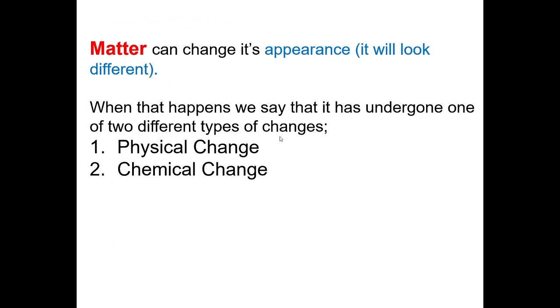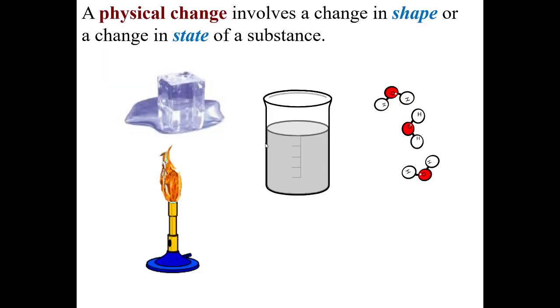All right, matter. Matter can change its appearance and look different, but it could be one of two different types of changes. It could be a physical change or it could be a chemical change. We have some ways of telling the difference here. A physical change involves a change in shape or a change in the state of the substance.